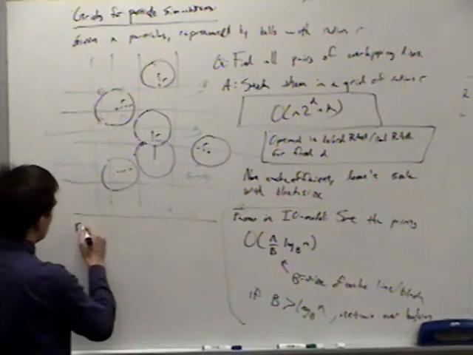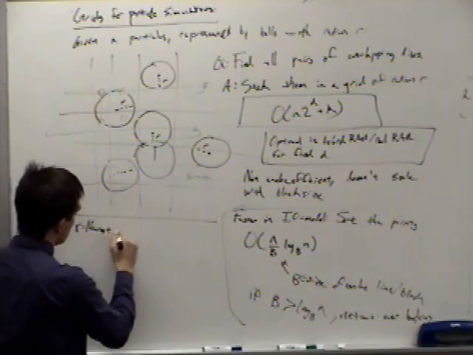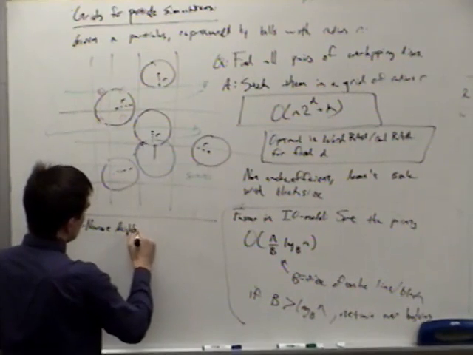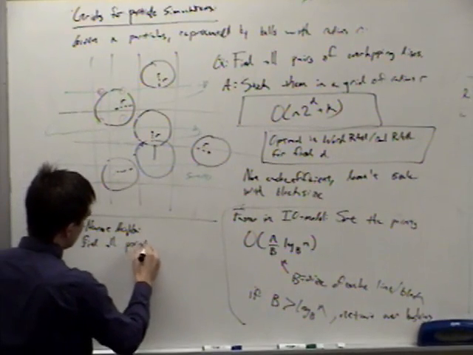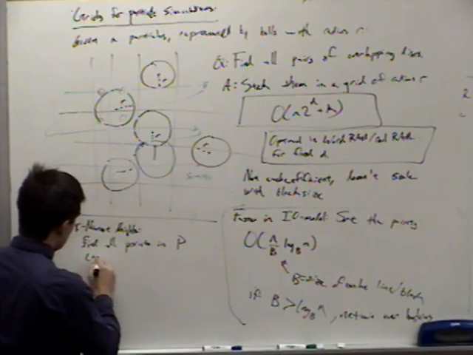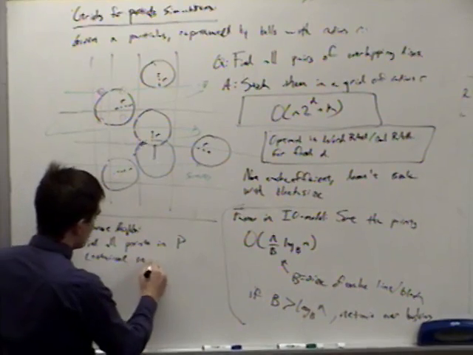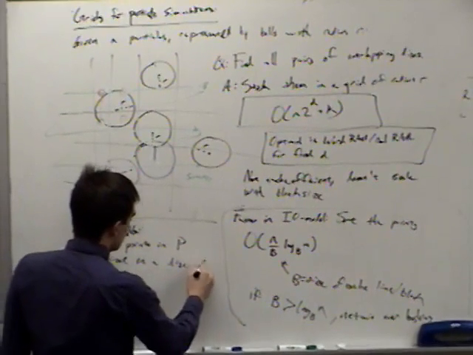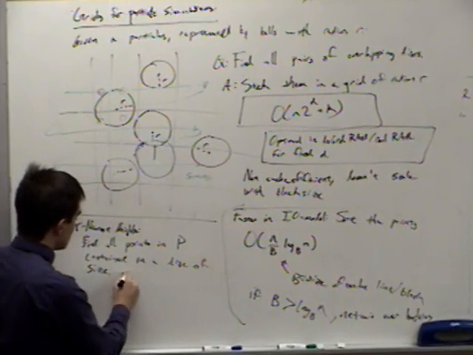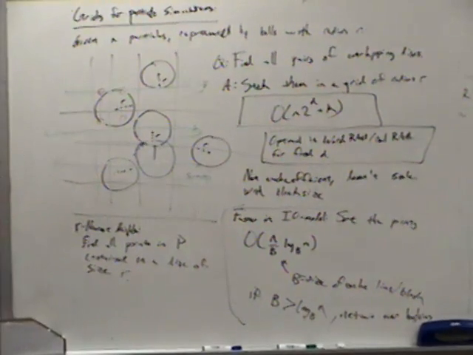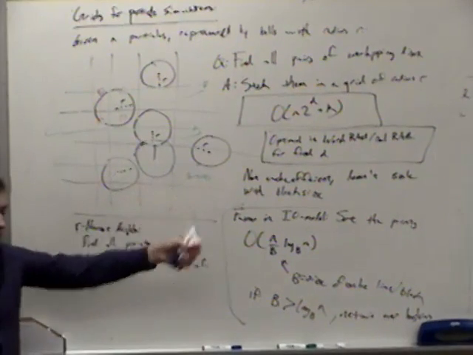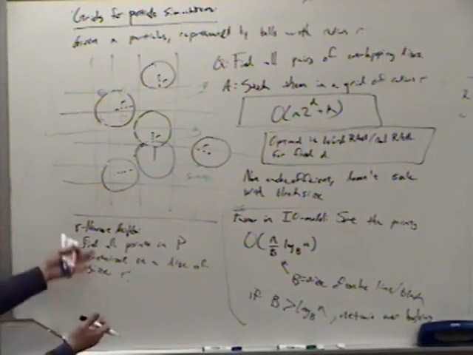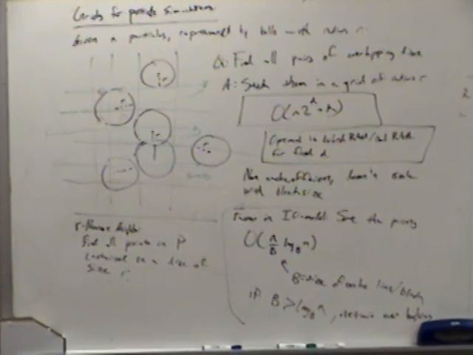So we can also do these R nearest neighbor queries, which is, find all points in P contained in a disk of size R. Again, we just do the same thing, right? We basically hash them to a grid. For our query point, we just do a lookup inside the grid, check the neighbors of the query point. Now we've got all of the particles or whatever that happen to be within radius R.